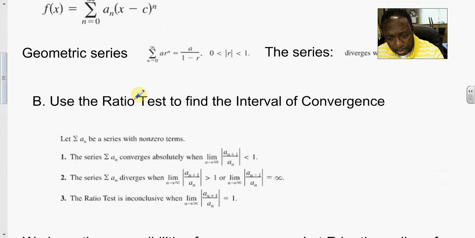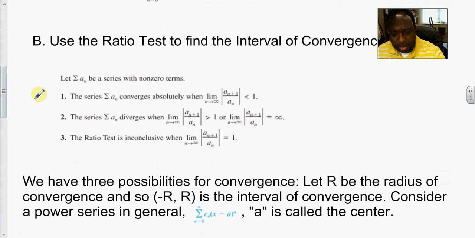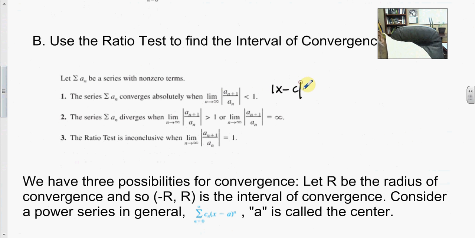It comes from the so-called ratio test. So use the ratio test to find the interval of convergence. Well, here, just recall the actual ratio test. I'll just put it here. We said that the series converges absolutely when the limit of the absolute value of a sub n plus 1 divided by a sub n as n goes to infinity is less than 1. This is how we're going to build this guy: the absolute value of x minus c, the center, is less than r.